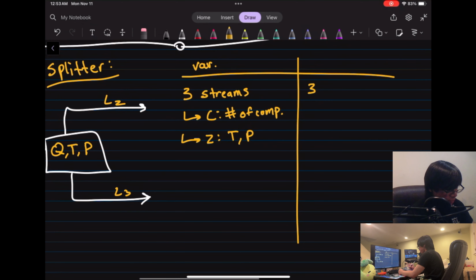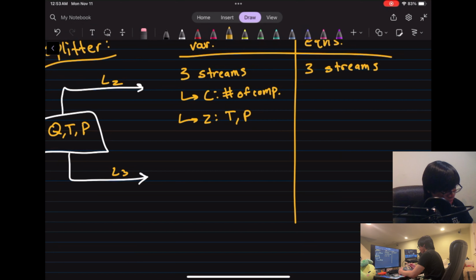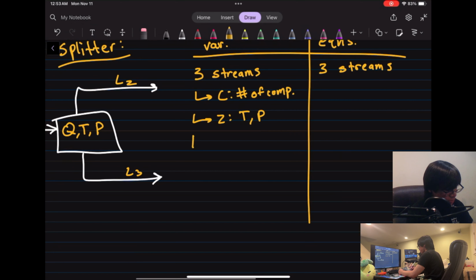So maybe equations, streams. So for each stream, there's C number of components, and again, temperature and pressure, so the 2 more unknowns. But with molar fractions, we also have to say that there's a total flow rate, so that'll be an additional flow rate. That'll be an additional unknown.